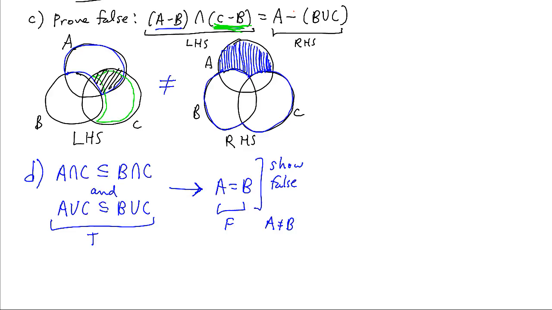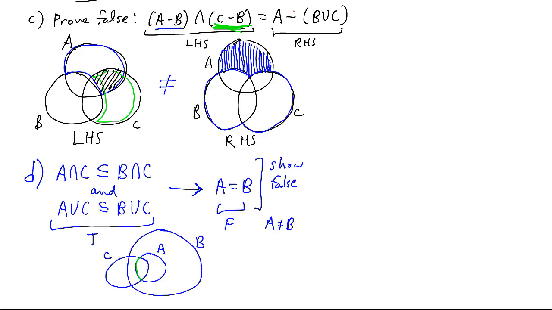I think that if I just make A a subset of B, that works, right? A is a subset of B, and for A union C, I think I can just draw C out here like this. Now I've got to figure out A intersect C. A intersect C is this green one here, and B intersect C is this larger green one.